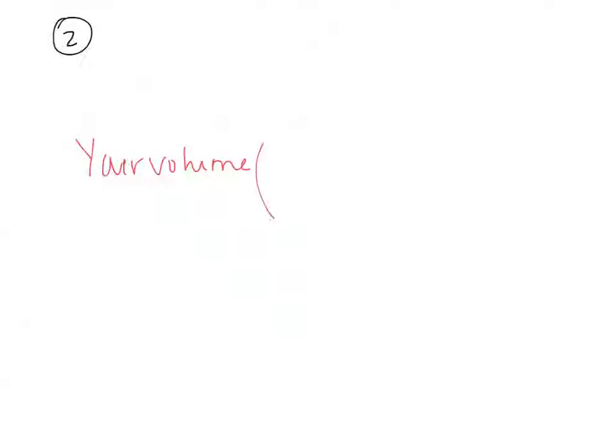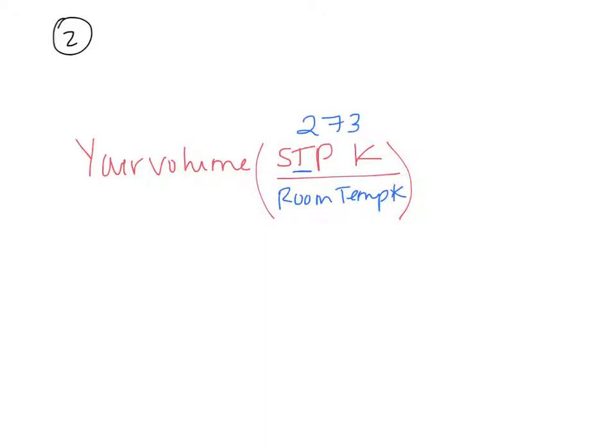To adjust for temperature, you need your standard temperature in Kelvin. So in this case, 273. And then this is going to be the room temp in Kelvin on the bottom.